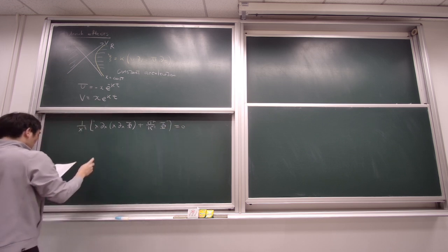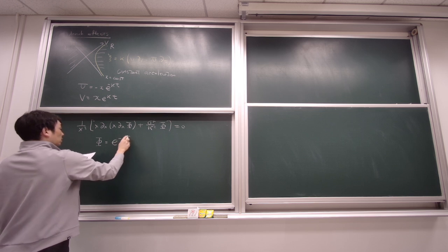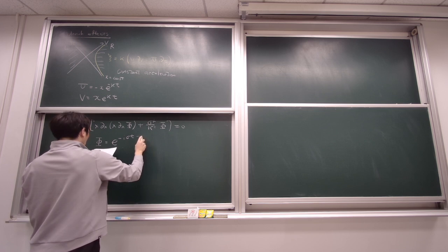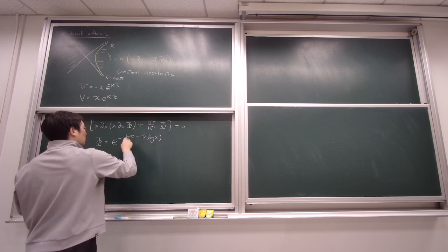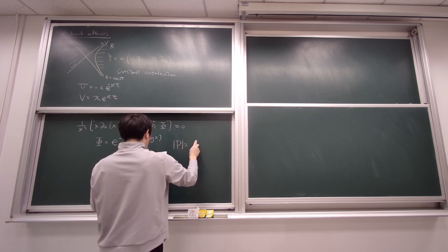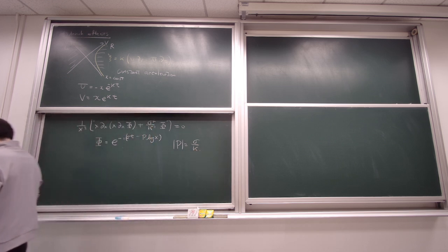And then our solution is something like e to the minus i sigma t times x to the minus ip log x. So that's what we saw.